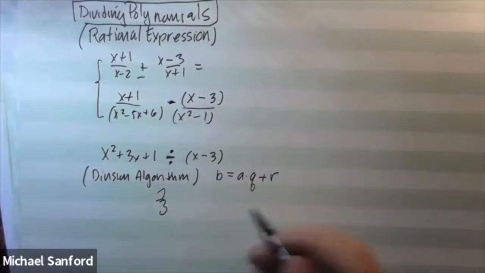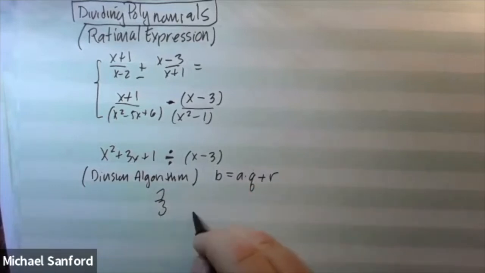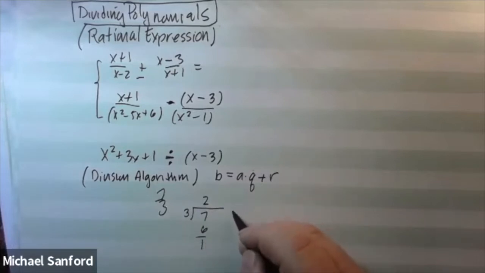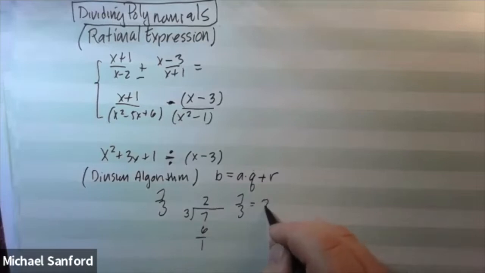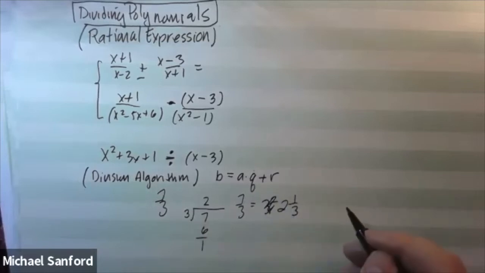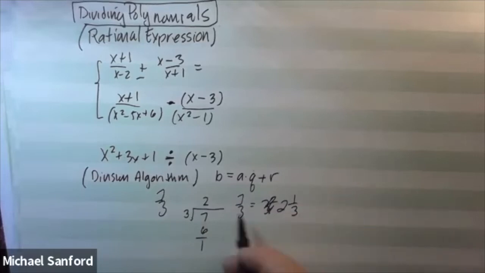Can I write it like this? Sure. You probably did it this way: put a 3 here, a 7 here, it goes in 2 times with a remainder of 1. So you would write 7/3 as a mixed fraction, 2 and 1/3. If I multiply everything by 3, notice that what I get is 7 equals 2 times 3 plus 1.